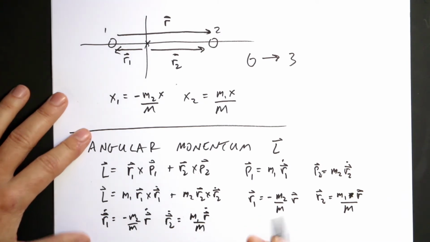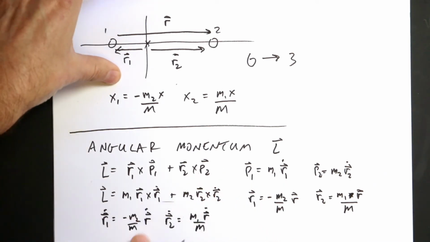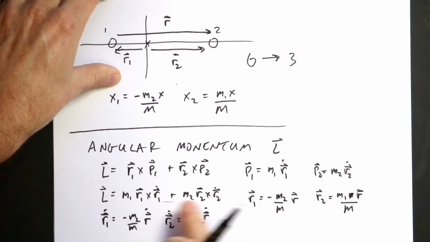Now I can put these into the formula up here for R1, R1 dot, R2, R2 dot.